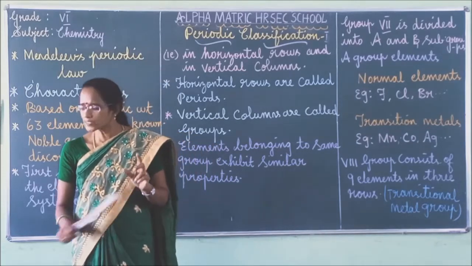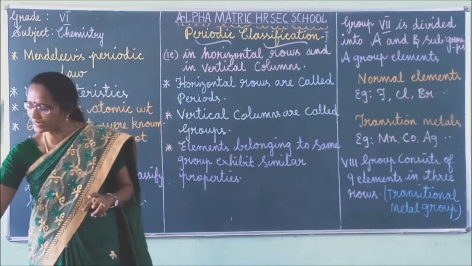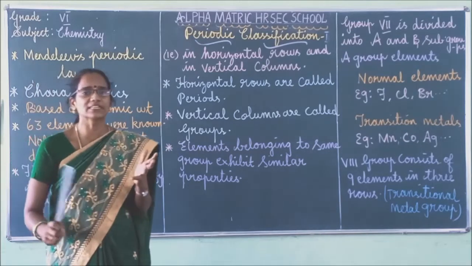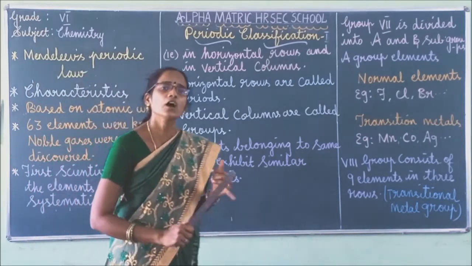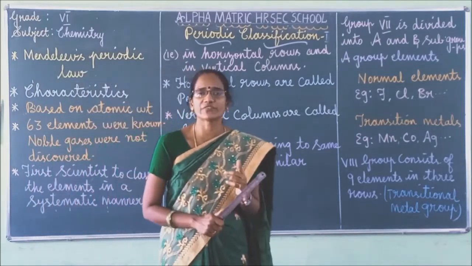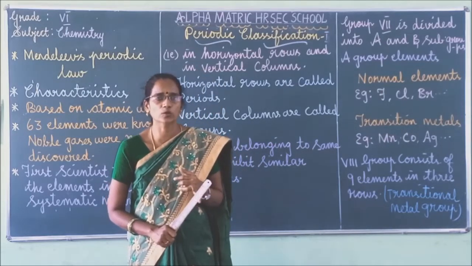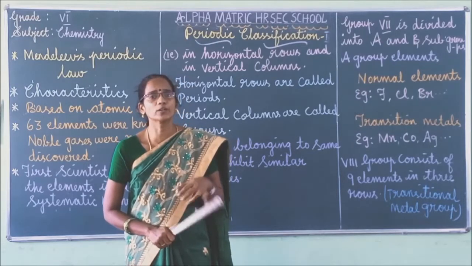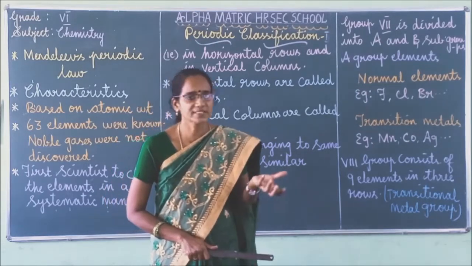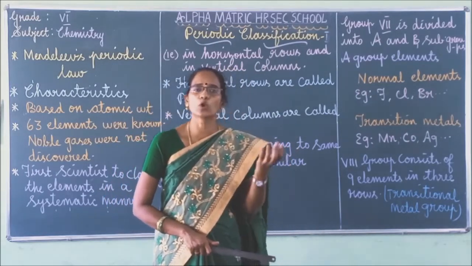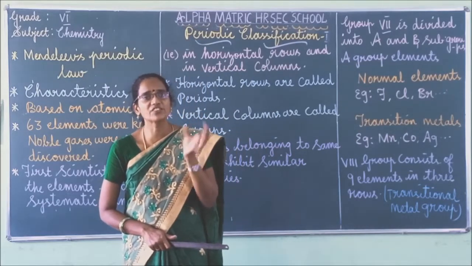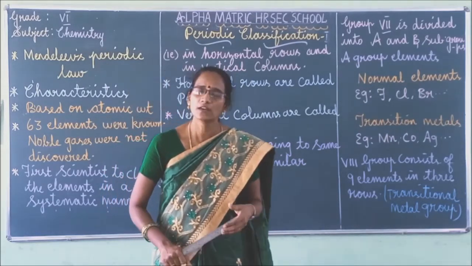Group 17 elements are called halogens. Halogens means these elements produce salt. For example, chlorine, bromine, iodine: when they react with other elements they produce salt.